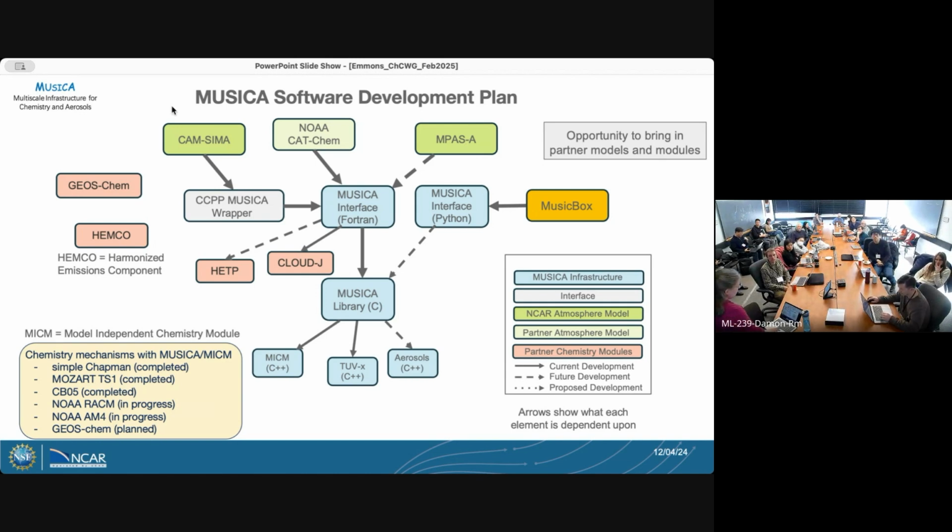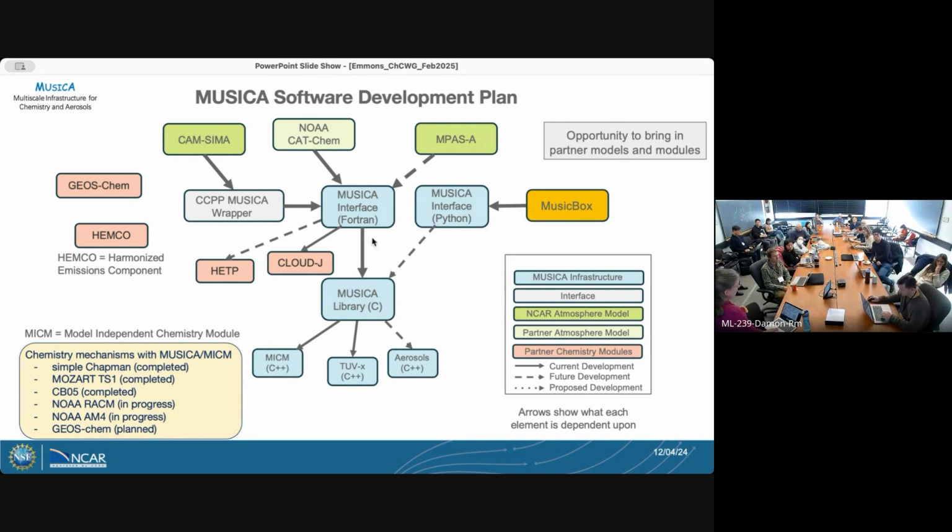Central to this is the Musica library, which includes components for chemical mechanisms, which we call MICM, the Model Independent Chemistry Module, and a variety of mechanisms are currently available. TOVX is a new photolysis scheme, which could be swapped out for another photolysis scheme called CloudJ that is being implemented in parallel, and the aerosols are still being built as part of this library.